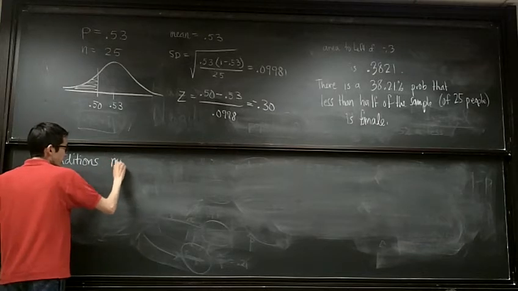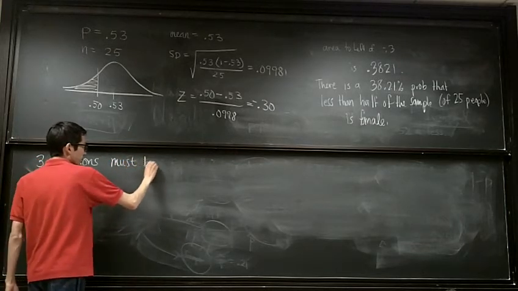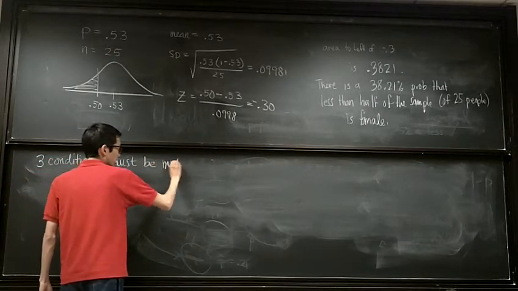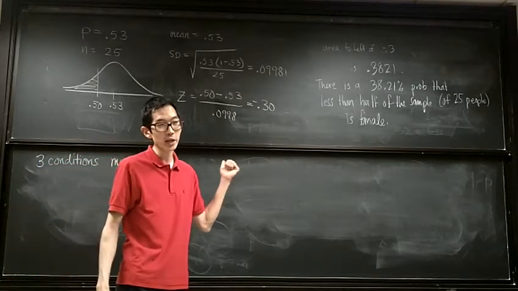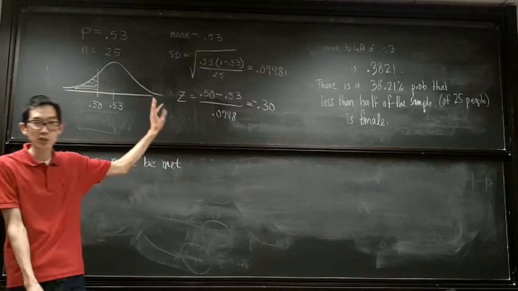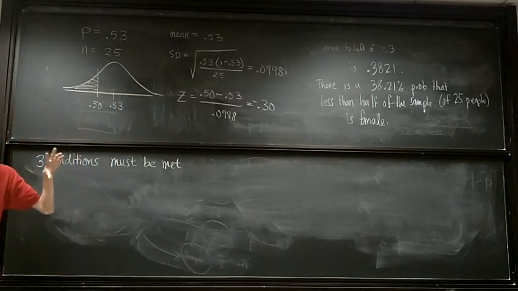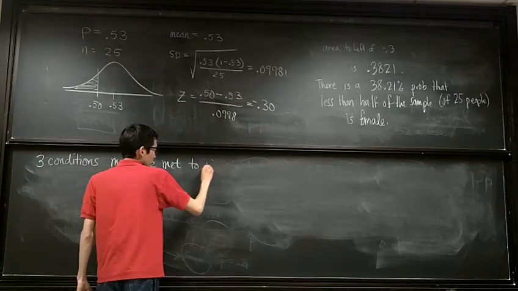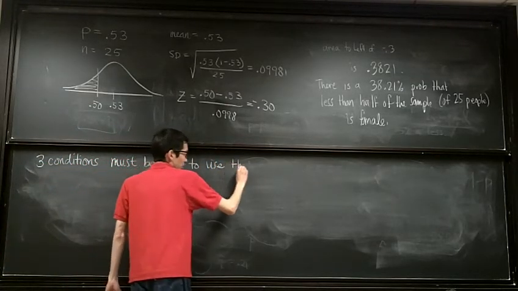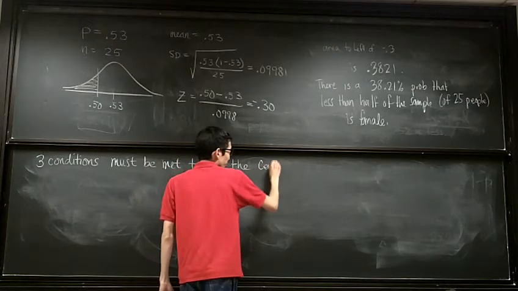Three conditions must be met. Okay? And the fact that we can use the normal model to approximate the sampling distribution is known as the central limit theorem. I'm just going to write: 3 conditions must be met to use the central limit theorem.